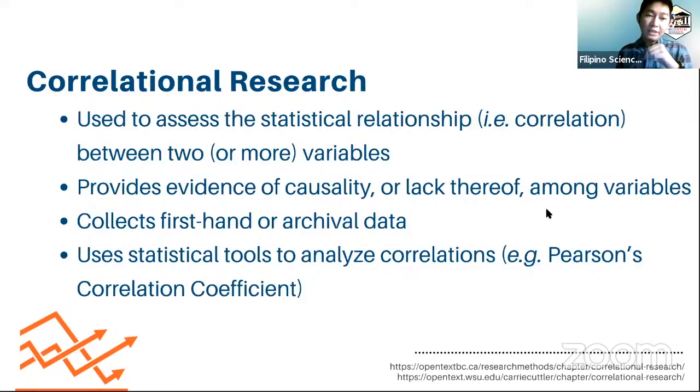So basically, first-hand is primary research. Archival data is secondary research, because you're already taking data from previous studies. And we also make use of statistical tools to analyze your data here, like the correlation coefficients and well, regression analysis para po to analyze and present your data in a sensible or logical fashion.